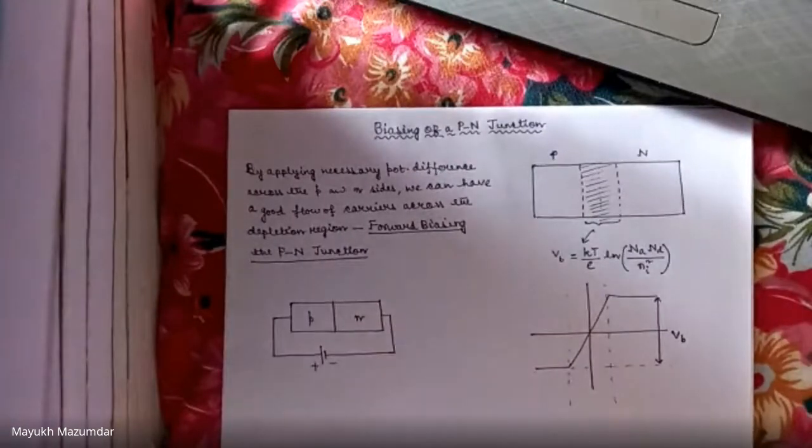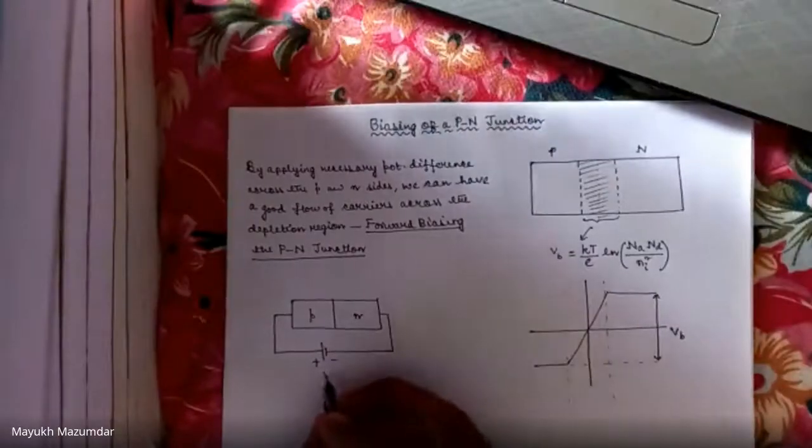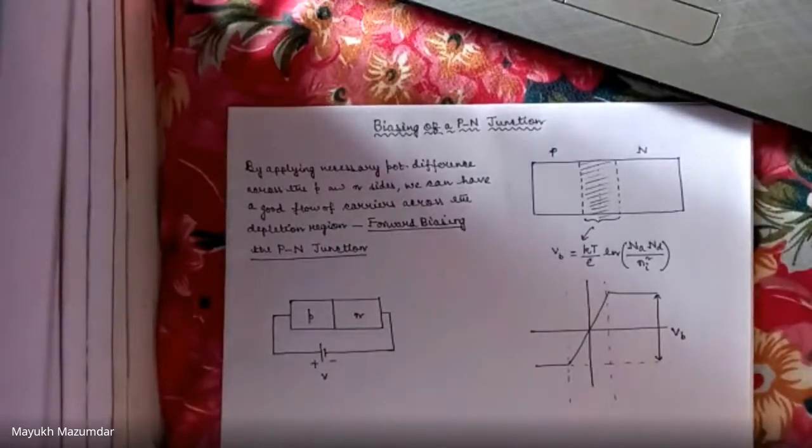Got it? Now suppose the EMF of this battery is V. Actually, it's the external voltage applied, V.